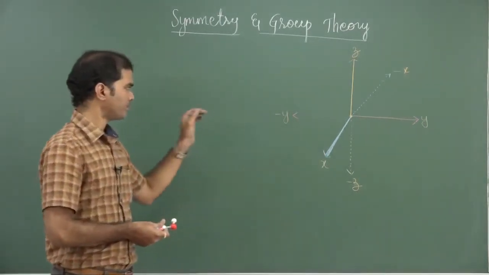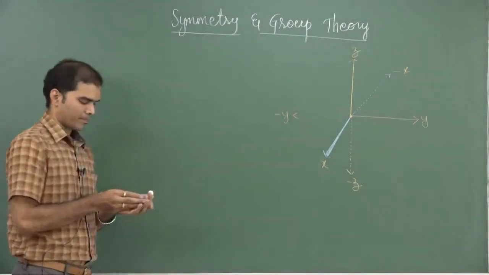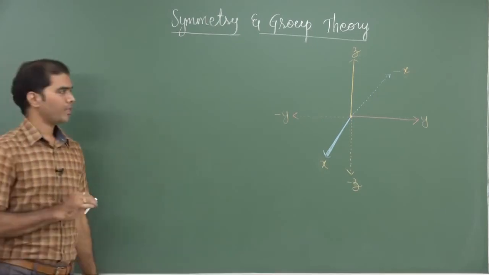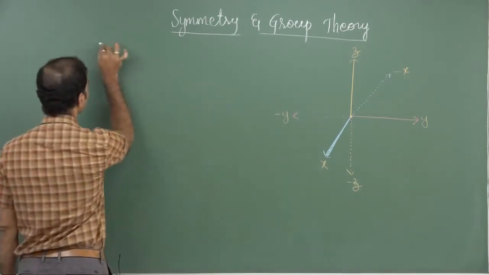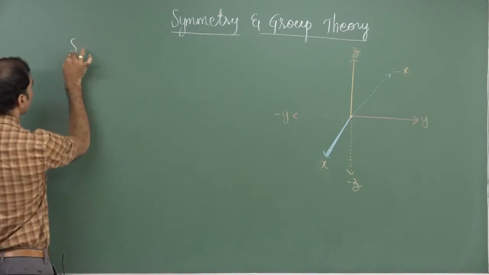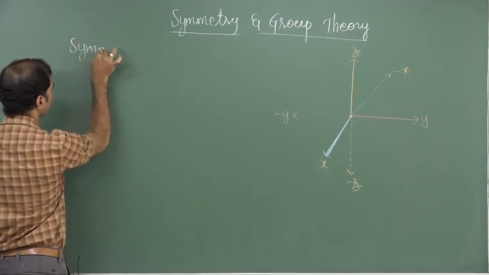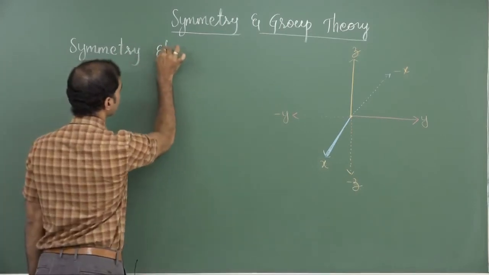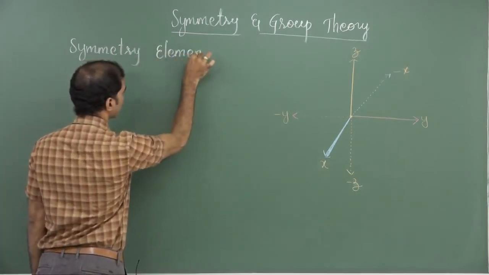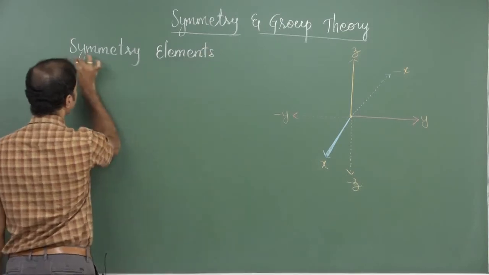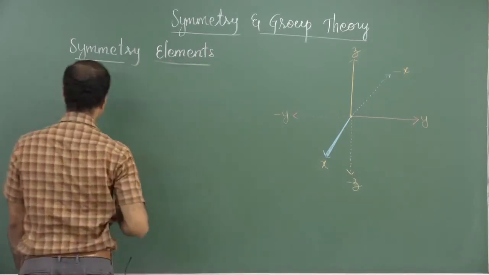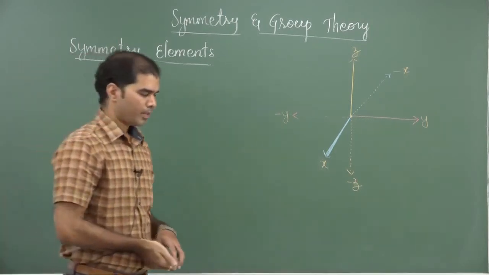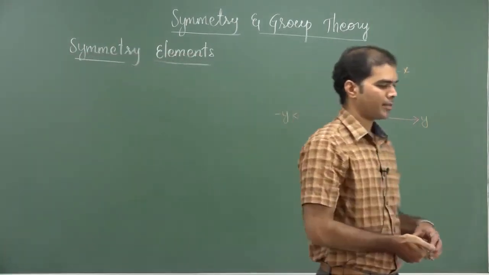Okay. So what I said is, to understand symmetry we require something called elements. These elements we define as symmetry elements. Okay. How many symmetry elements are present?